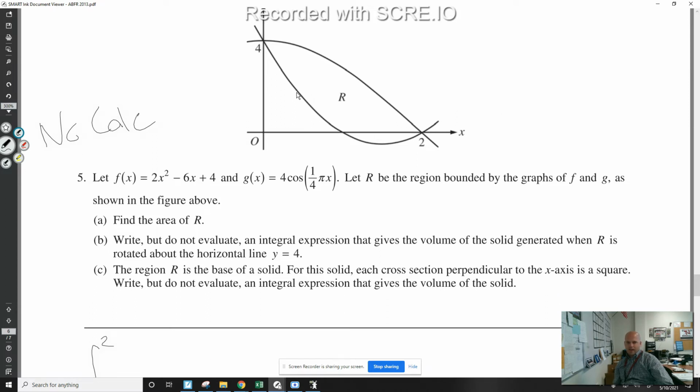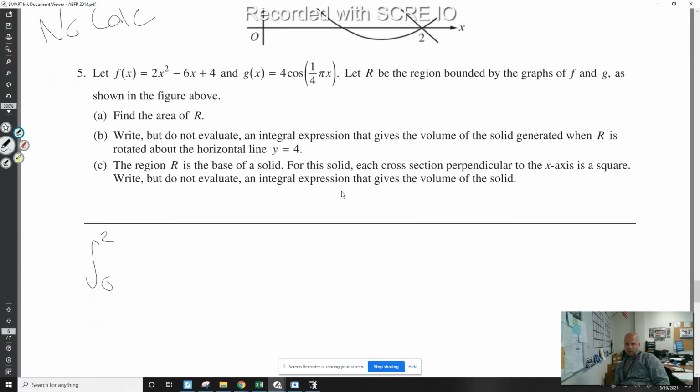You have to kind of figure that out. So top minus bottom would be the cosine minus the x squared function. Or cosine of pi over 4 x, minus 2x squared minus 6x plus 4.